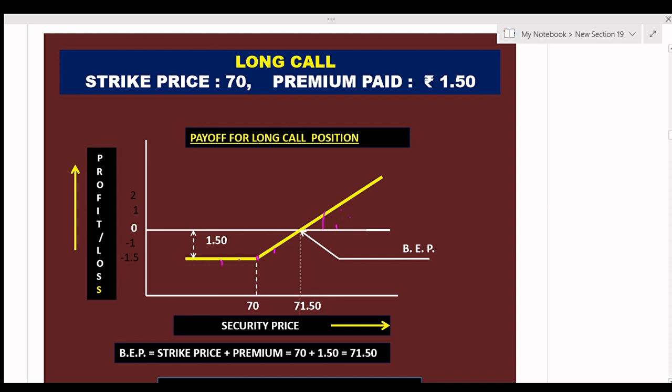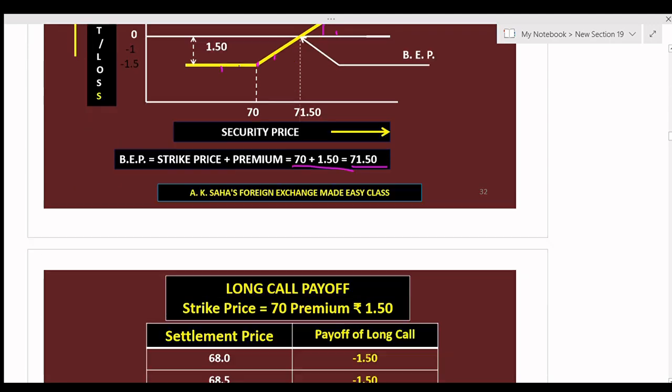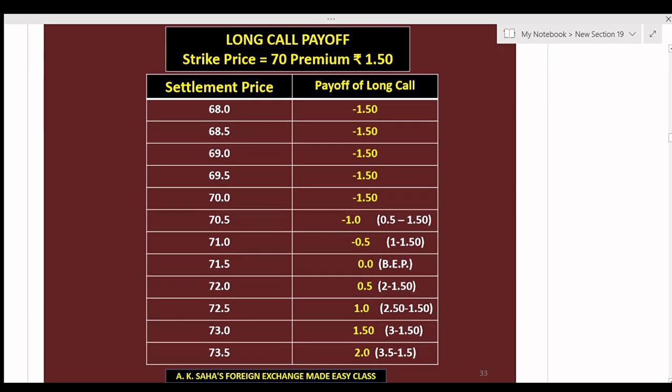So it is tabulated, and here the break-even point is 70 plus premium, that is equal to 71.50, and the payoff is calculated in this table.